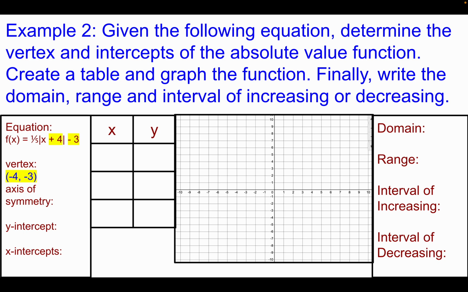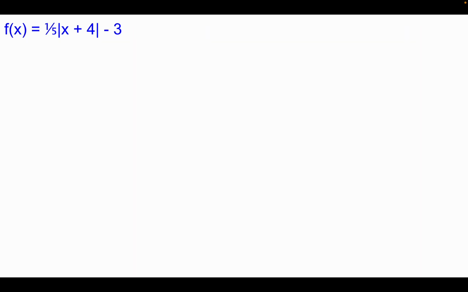Let's start by identifying our vertex, which is going to be at negative 4, negative 3. Our axis of symmetry will be x equals negative 4. Let's figure out our y-intercept by taking our equation and plugging in 0 for x. 0 plus 4 is 4.